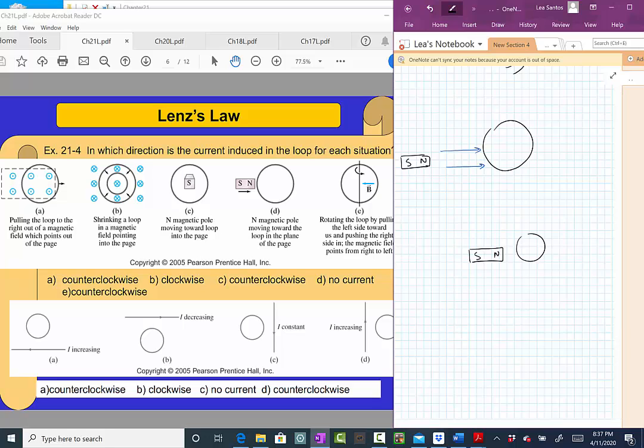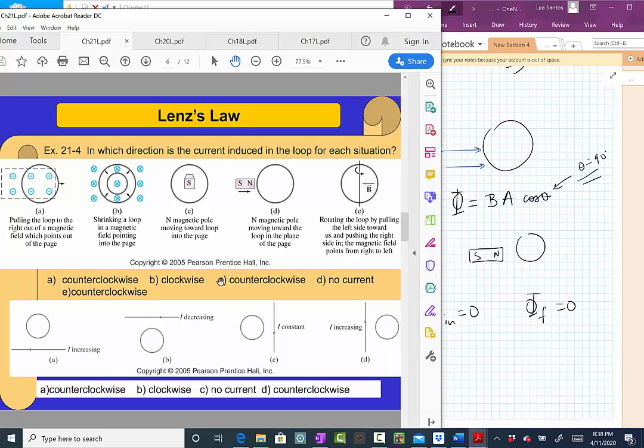In this case, we are not changing the magnetic flux, because remember, the magnetic flux depends on the magnetic field, depends on the area, and depends on the angle, this angle theta. This angle theta in this case is 90 degrees. No matter where we are, close or far from the loop, the angle is 90 degrees. So the initial magnetic flux in this case is 0 and the final magnetic flux is 0. So I don't have a change in magnetic flux. I do not have any current.